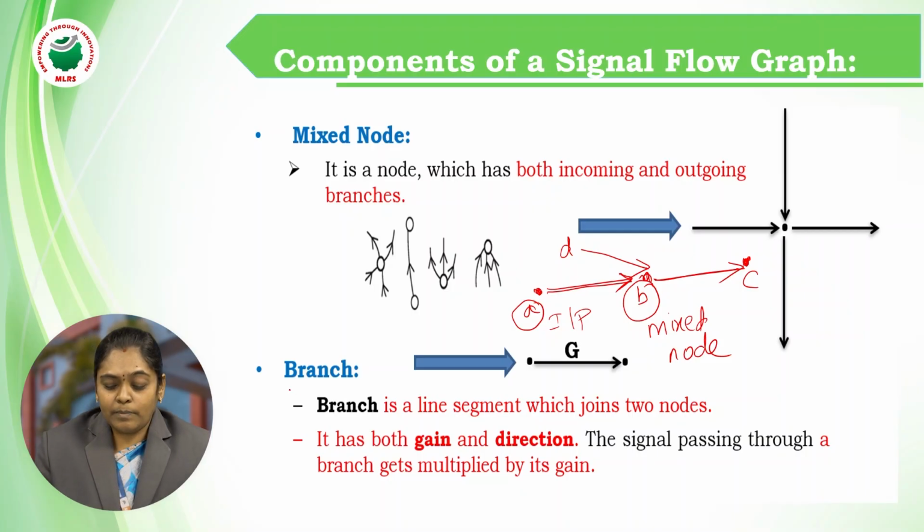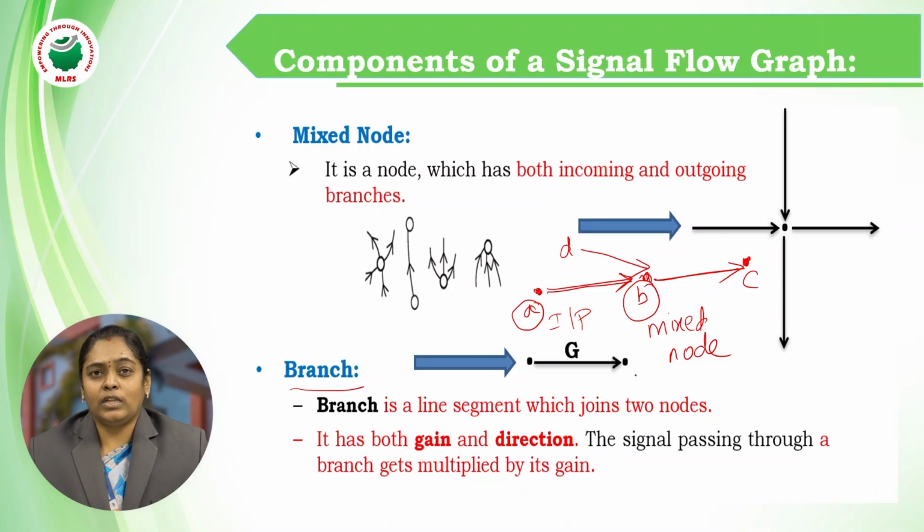So what is meant by a branch is, it is a line segment which is connecting or which is joining between the two nodes. So in order to join node A and node B, I have drawn a line. This line segment is nothing but called as a branch. And this branch consists of two parameters. One is gain and the other one is direction. So the signal passing from one point to the other point will indicate whether it is an input node, mixed node, or an output node.